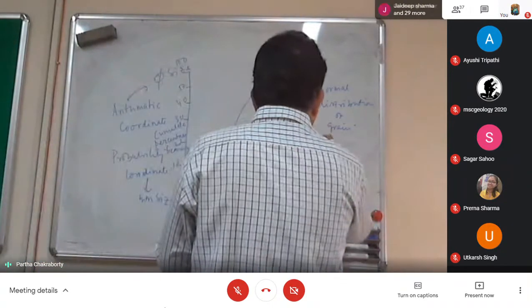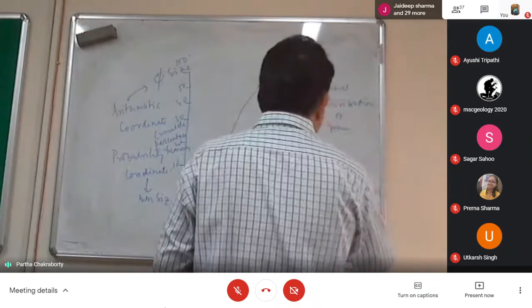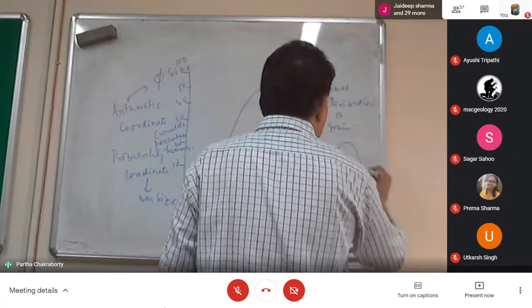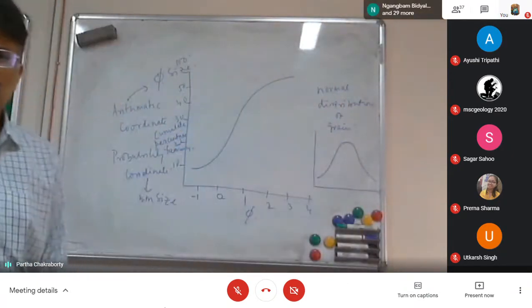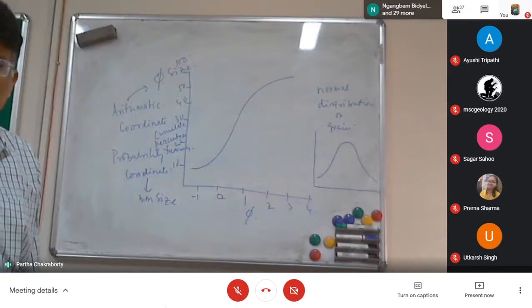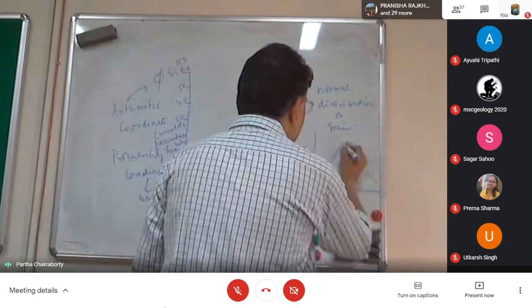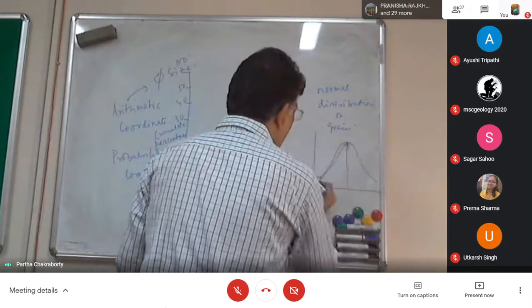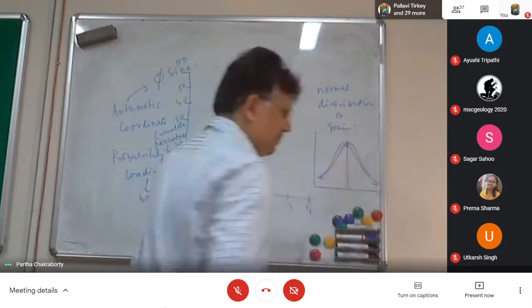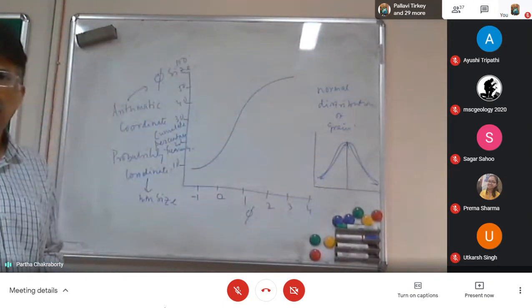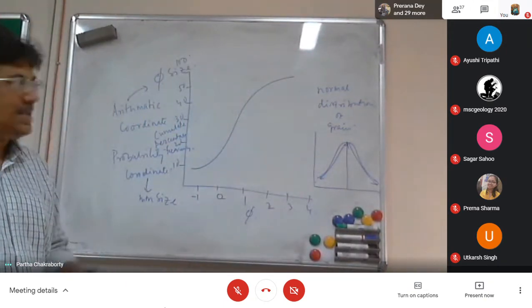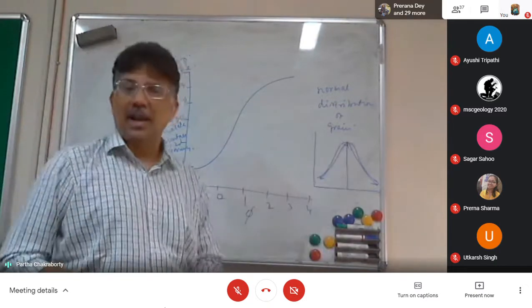And if I get a normal distribution, what kind of curve do I expect? I expect a symmetrical Gaussian curve. So this is a normal distribution. There is a strong central tendency, and lesser to the coarser and lesser to the finer size. That is what we call normal.